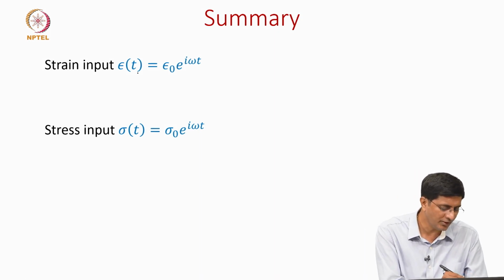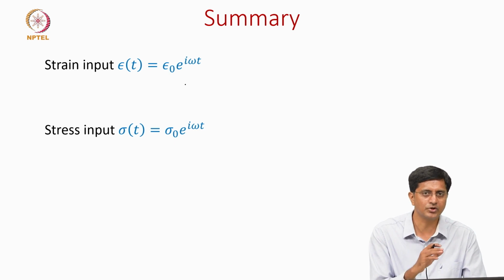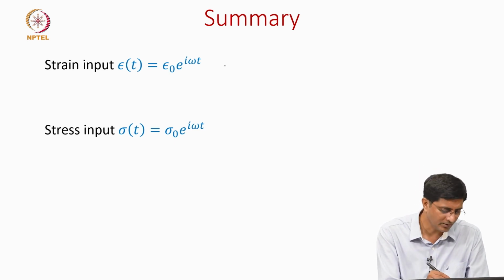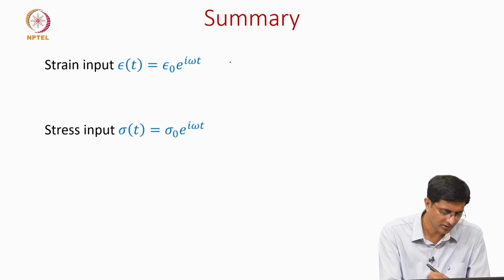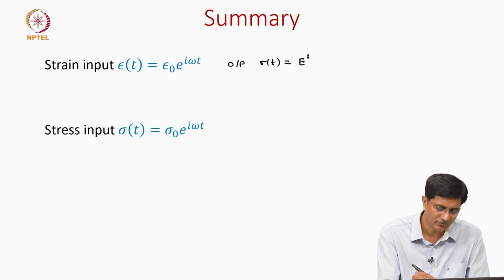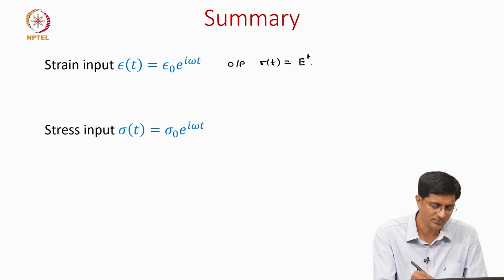So, now let us summarize what we have seen in this video. We said for a strain input, we can write it in a common fashion of using this complex number, then it takes care of both the cos and sines. For this input, the output is written as E star, we said is the complex modulus times the strain input.